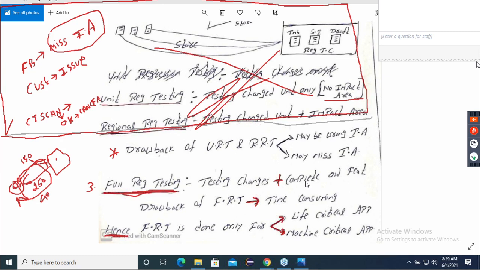Really? It is Soumya Raju. One second. Soumya Raju, are you there? Soumya Raju.